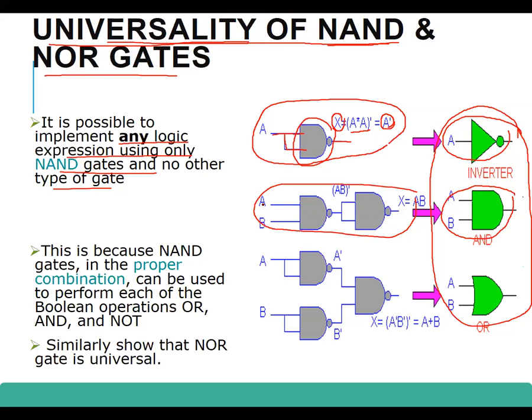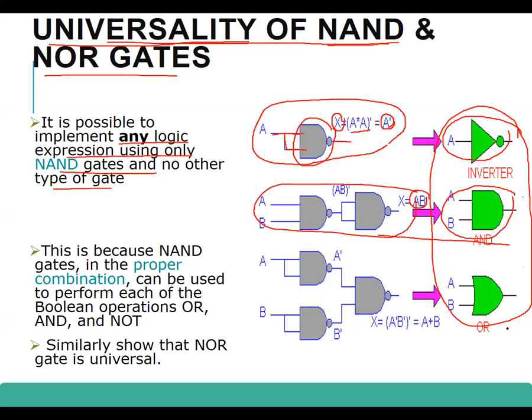The output of one NAND gate is input to the second NAND gate. The complement of the first combination is given to the second NAND gate, which complements it again, so you get the required result at the end.